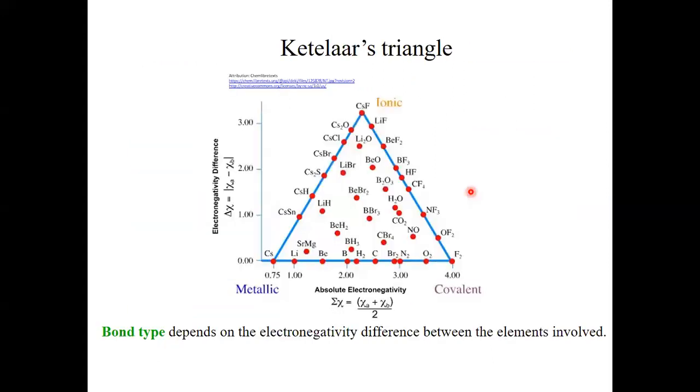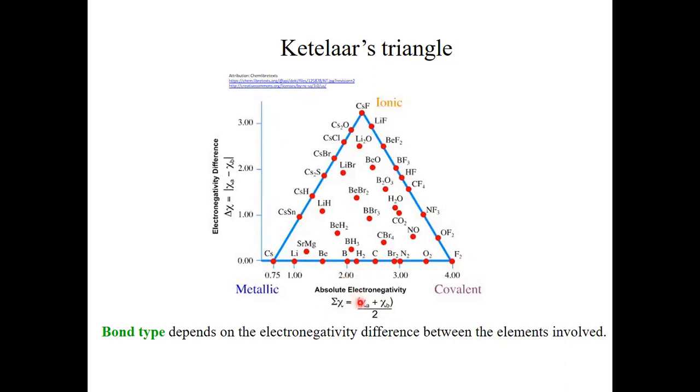That can be nicely described by what is called the Ketelaar triangle. In the Ketelaar triangle, you have 2 axes. On the x-axis, you have the absolute electronegativity. We can also say that this is the average electronegativity of the atoms in the compound.